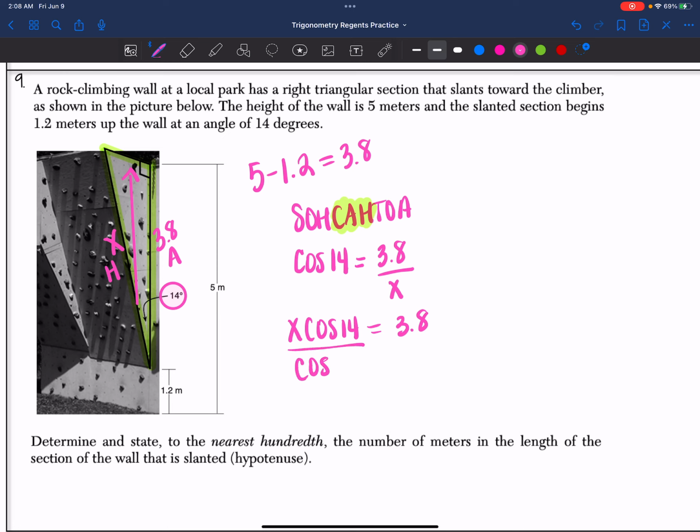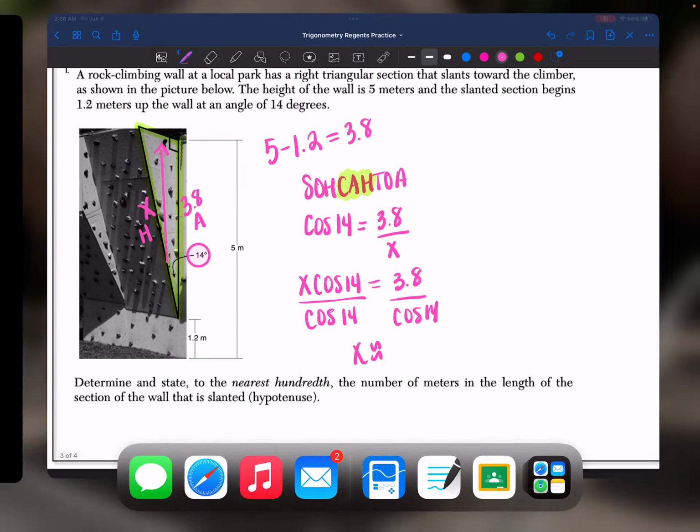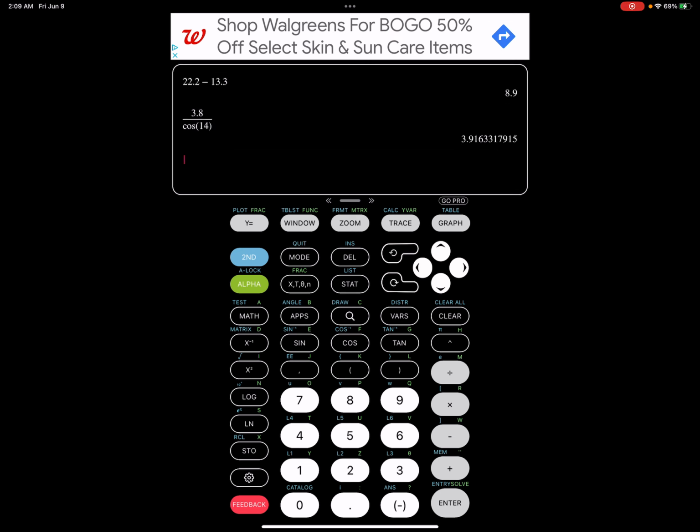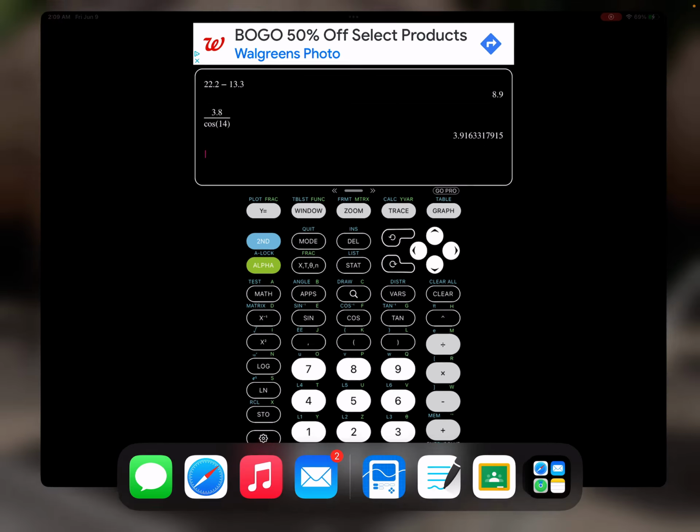If I divide by cosine of 14 on both sides, we get that x is approximately, let's go ahead and put this in our calculator. 3.8 divided by cosine of 14. And that is approximately, to the nearest hundredth, 3.92.